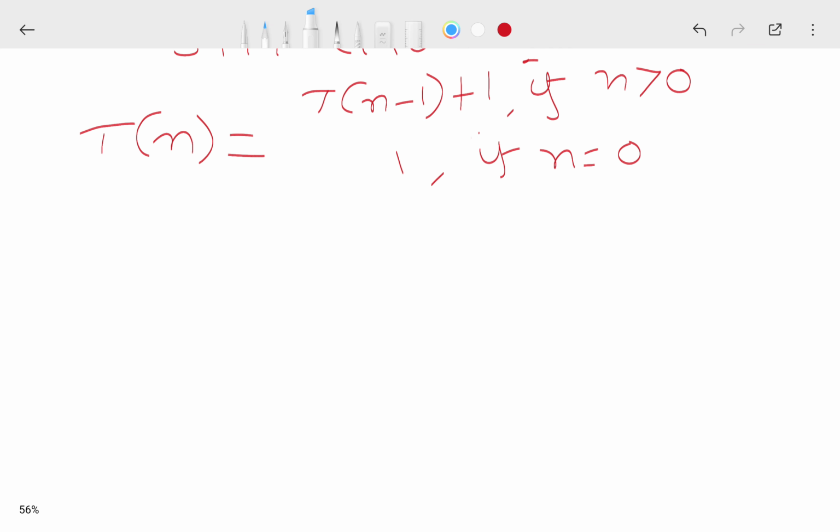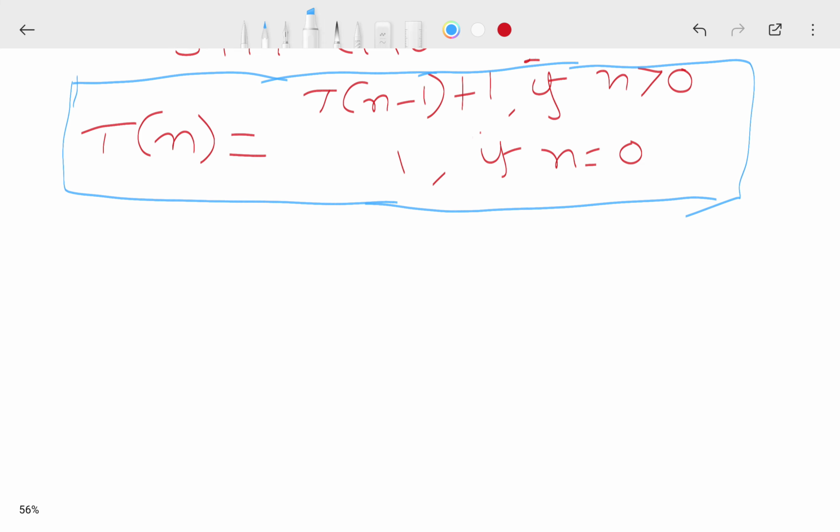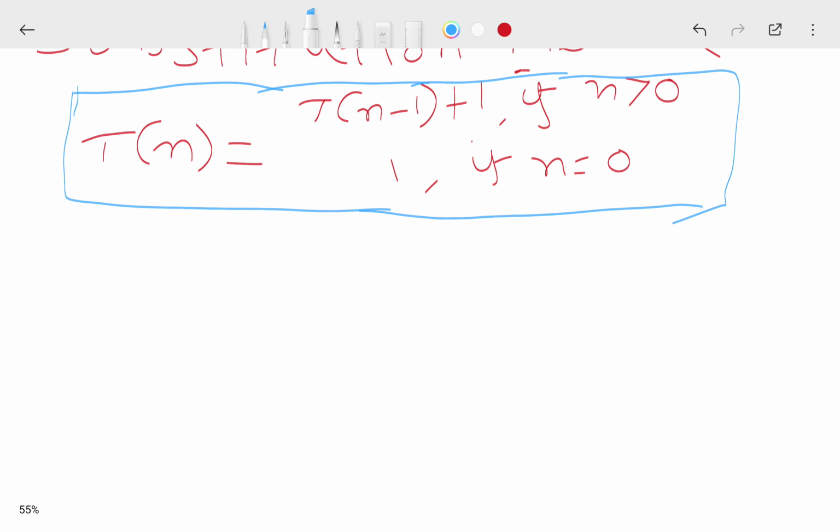Just remember this. This is the recursive function that we are going to solve by using the substitution method.